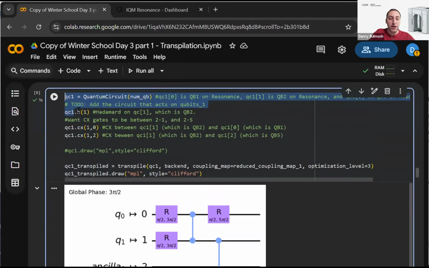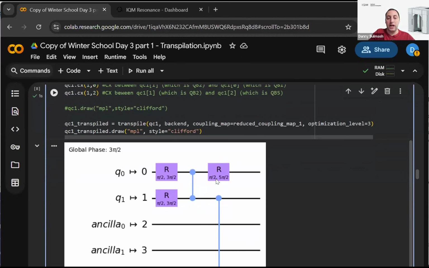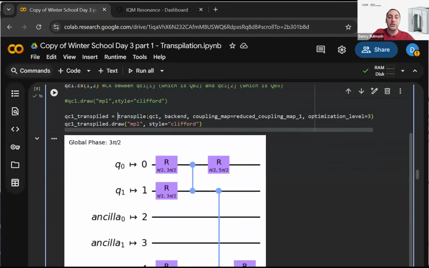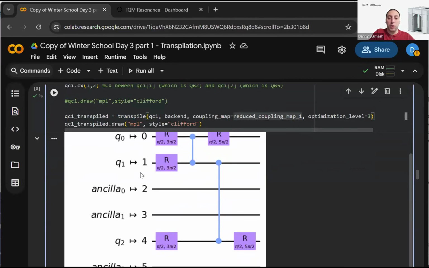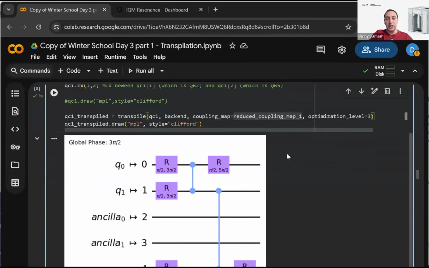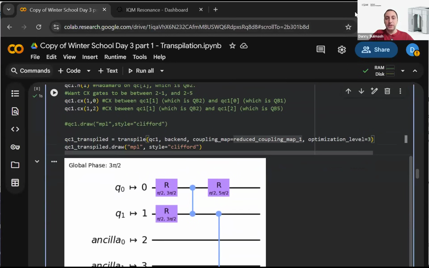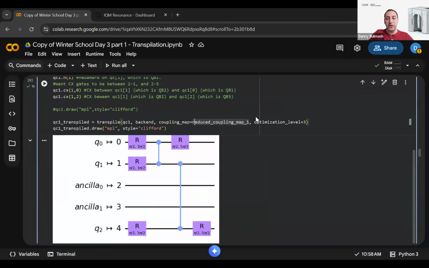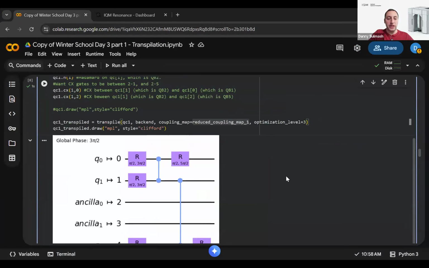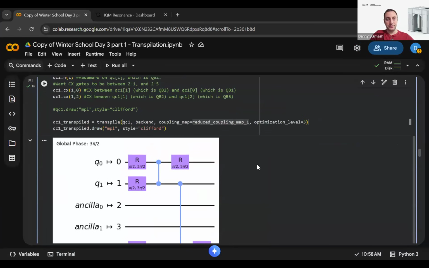And it converts this Hadamard gate into some stuff that happens on qubit 1. So this transpile function is doing a lot of work. It's telling us which qubits we want to work on, and it also converts all the gates we used in the circuit into gates that are native to the IQM machine.